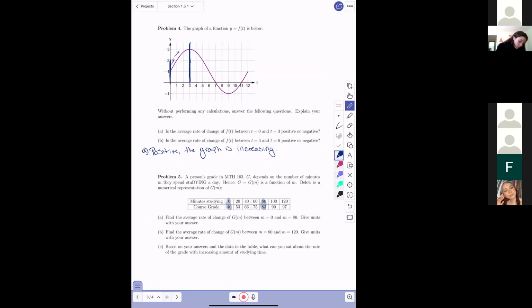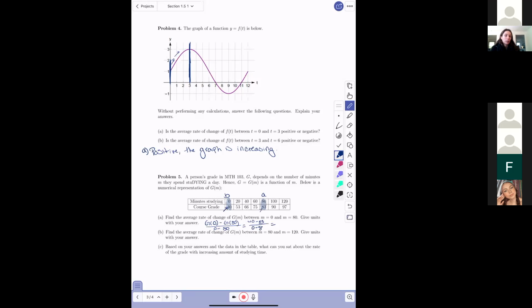So G of A minus G of B, we'll make this A and B. So G of 0 minus G of 80 all over 0 minus 80. This is G of 0, which is 40, minus G of 80, which is 83, all over 0 minus 80. Then go ahead and subtract that and divide it through.